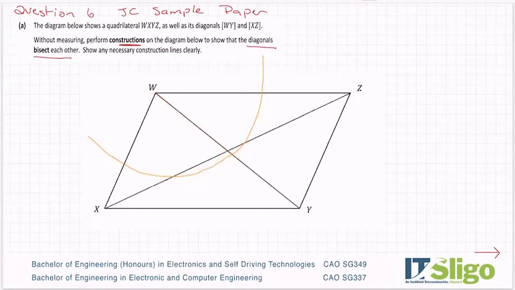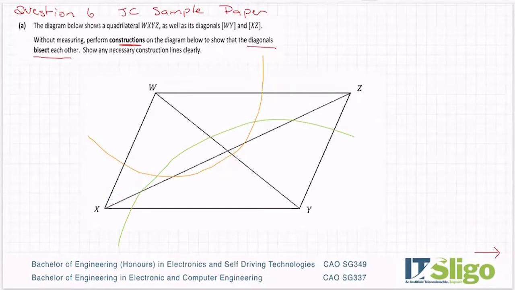You then come down to Y and stick your needle in Y. Again, you pick a distance that is a little bit more than halfway up the line you're trying to bisect, and you draw your semicircle as such, with the needle in Y. You then get your ruler and draw a line between, let me just undo that.